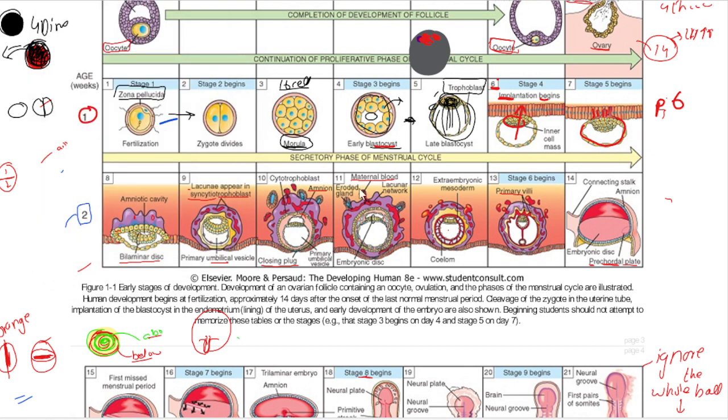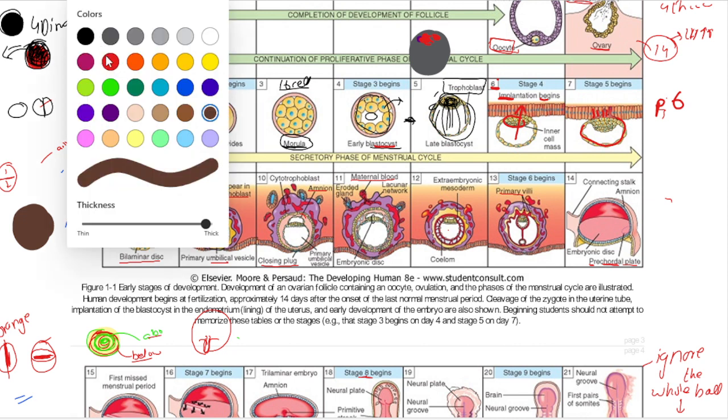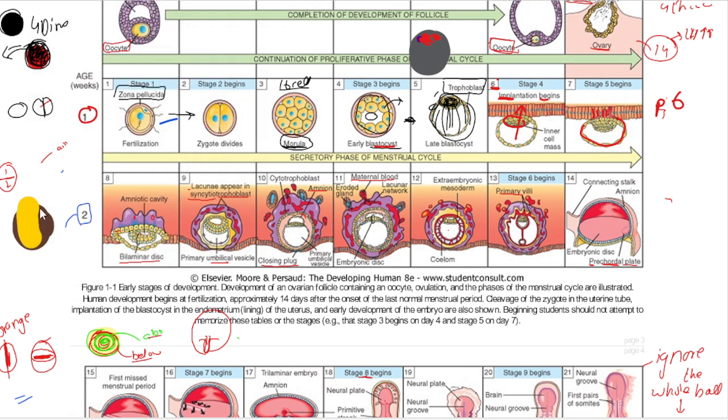Now again, come to the second week. In the first week, implantation occurs at the blastocyst stage. Now in the second week, you have to understand it like learning about a ball. This ball has an outer covering that is called the trophoblast.